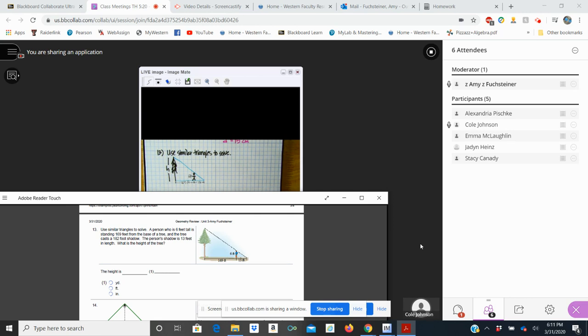There's the little triangle with the stick man, right? Like that, where this is a 6 and that's a 13. And then there's the larger triangle with the tree, where this whole thing is H, and this is 169 plus 13.